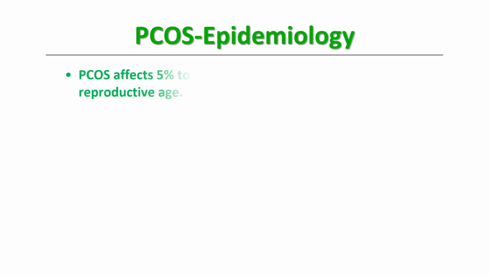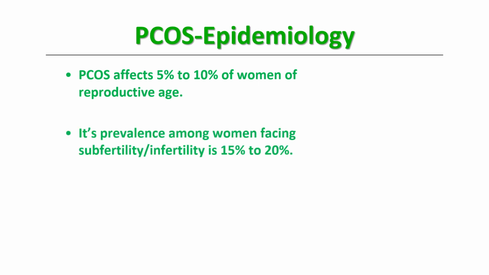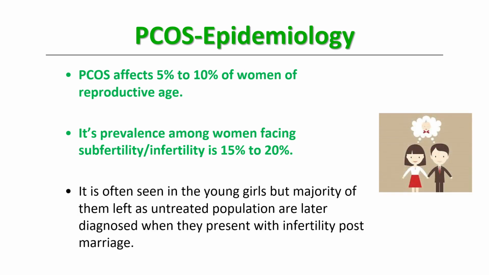If we look into the epidemiology, PCOS affects 5 to 10% of women of reproductive age. Its prevalence among women facing subfertility or infertility is around 15 to 20%. It is often seen in young girls, but the majority of them are left untreated, and are later diagnosed when a woman presents with infertility post-marriage.